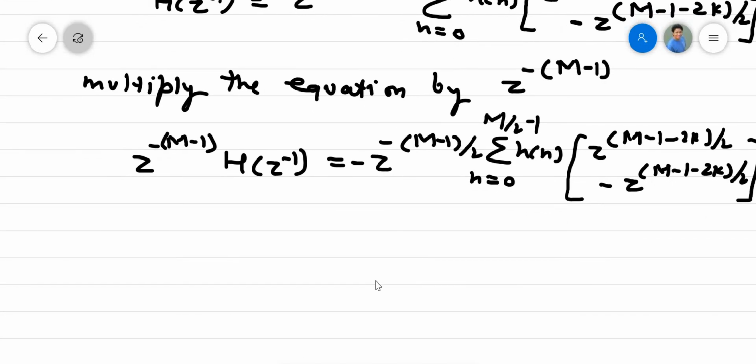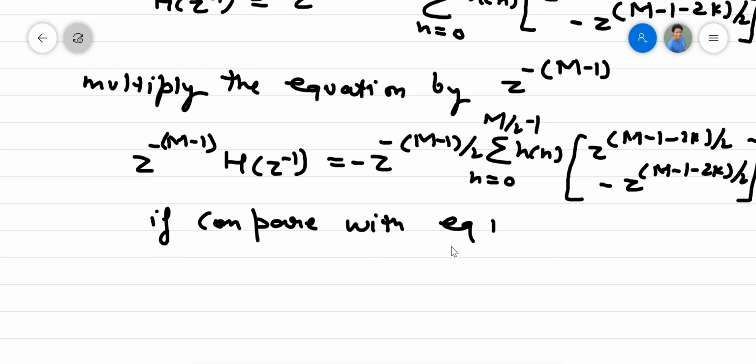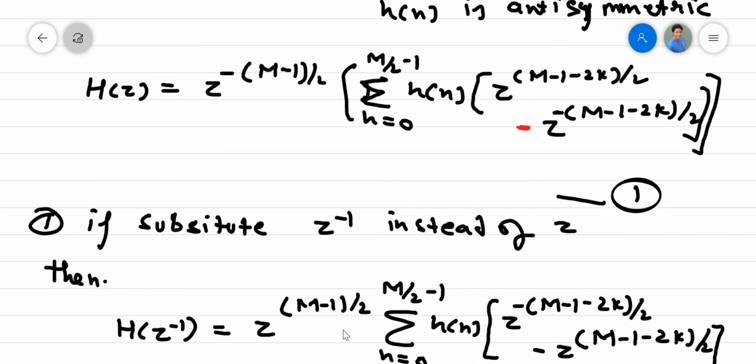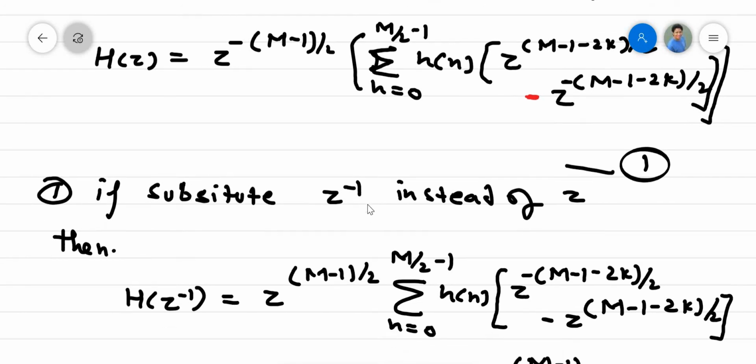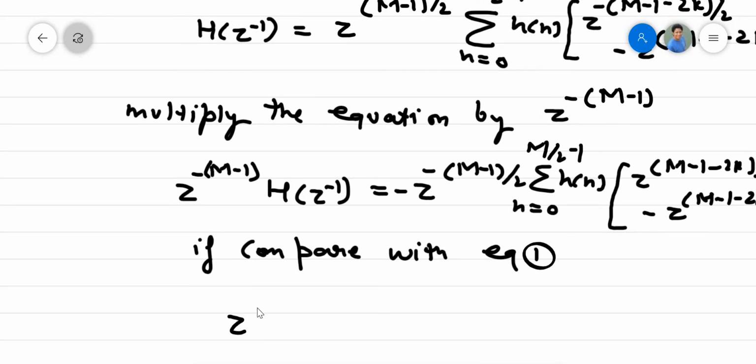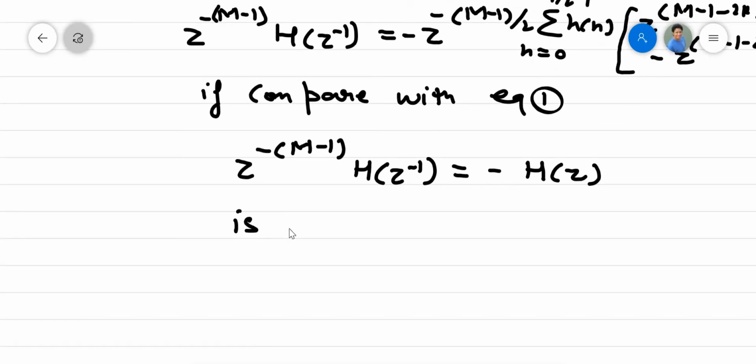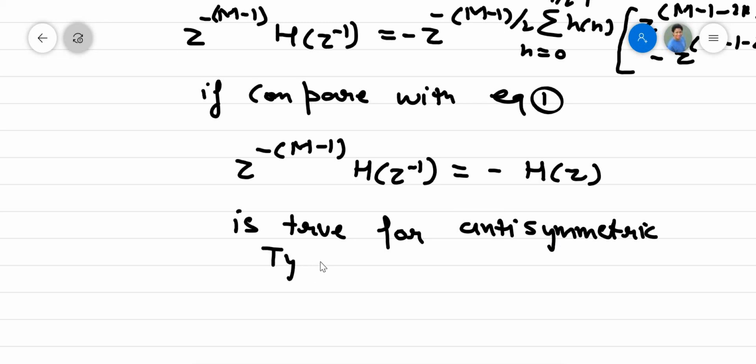And if we compare with equation 1, we can see that Z to the power minus m minus 1 H of Z inverse is equal to minus H. Now this particular part is true for anti-symmetric sequences, that is type 3 and 4 filters.